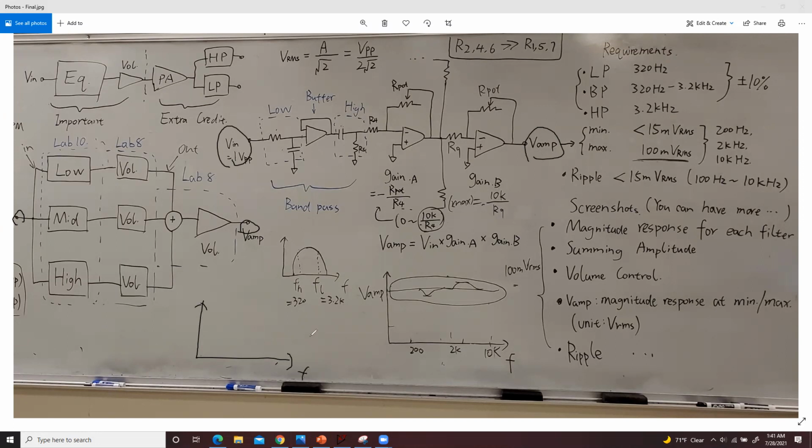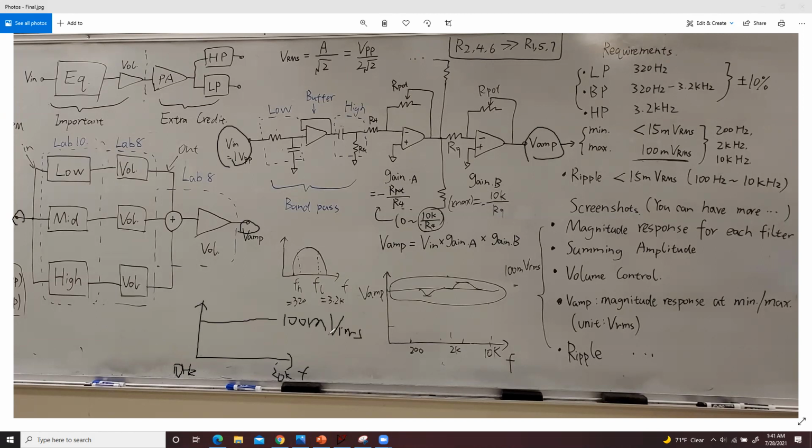Let's say try to start from 10 hertz and end at, let's say, 20 kilohertz. The requirement here is 200, 2K, and 10K, so this range covers these three frequencies. Ideally, as I mentioned, when you tune all the potentiometers to maximum, the maximum should be 100 millivolts RMS.